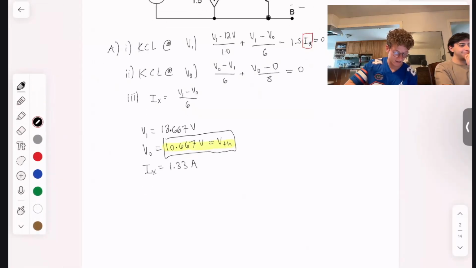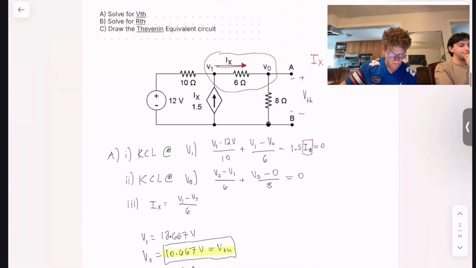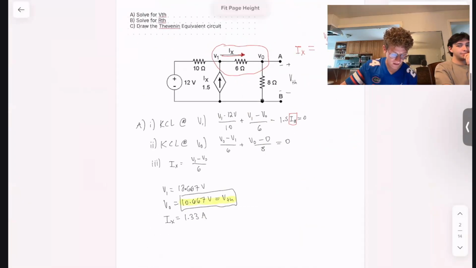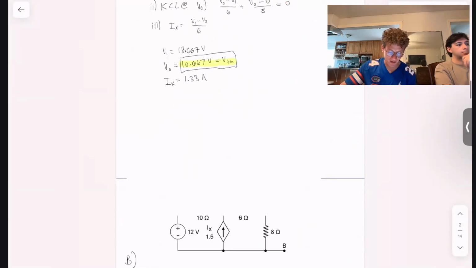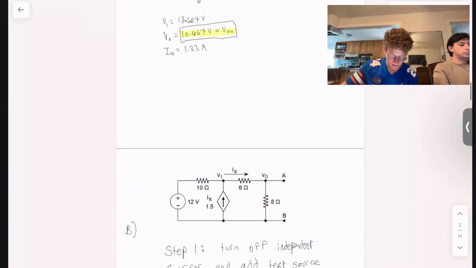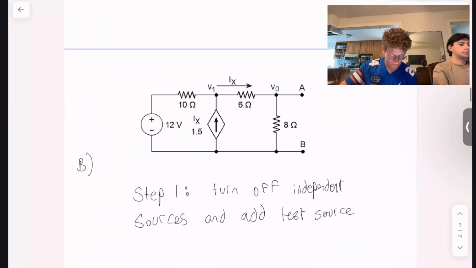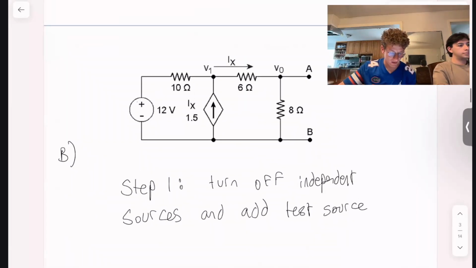Next, it asks us to solve for RThevenin. Now this is where it can get tricky, but don't be alarmed. The first thing you want to do is turn off your independent sources and add a test source. To turn off an independent voltage source, you turn the source to 0 volts.